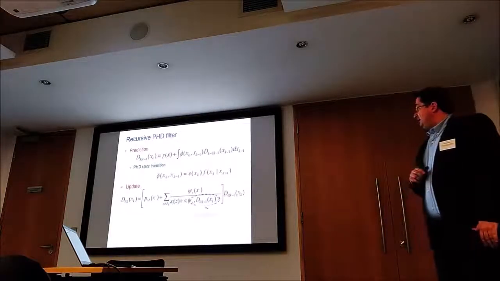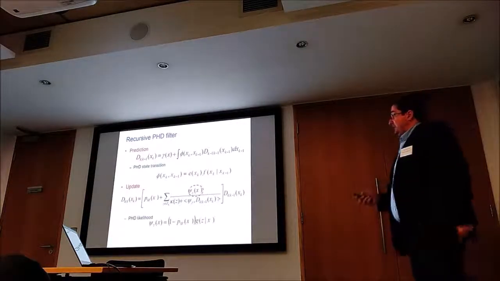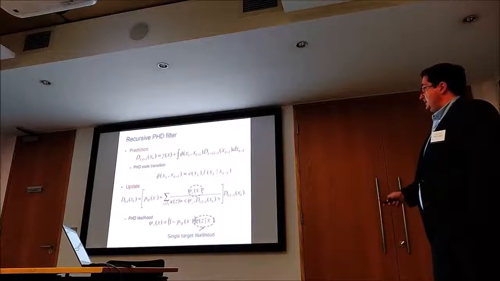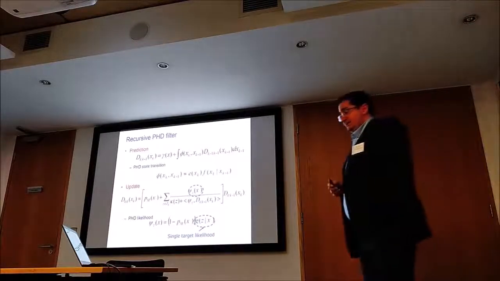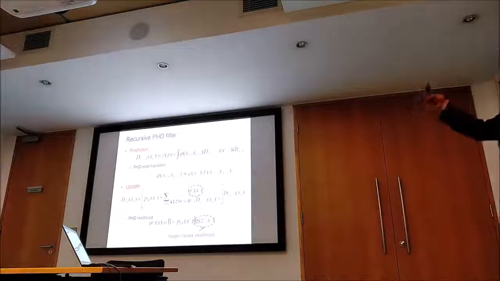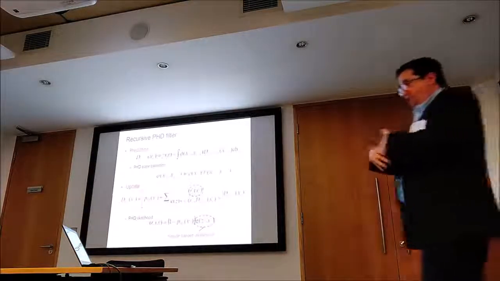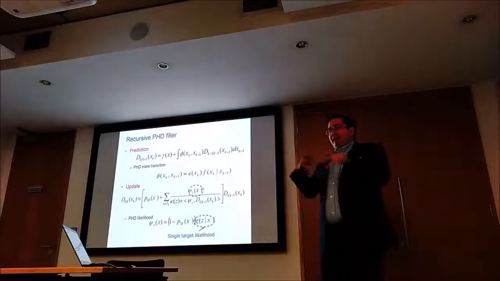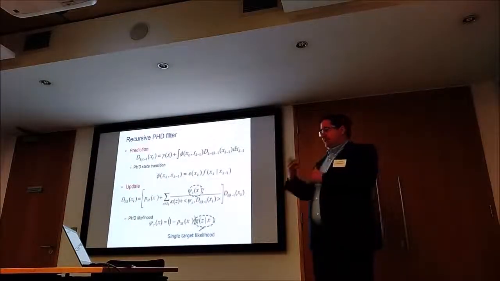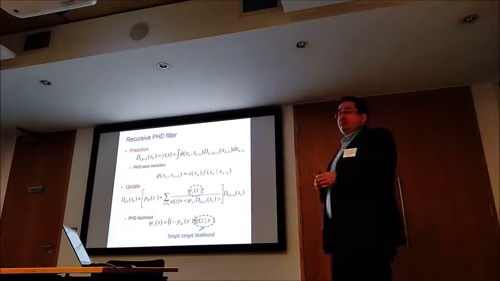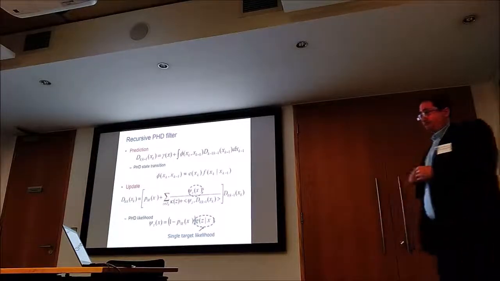And finally, you have the PHD likelihood, which is nothing else than the product between the single target likelihood and the function of the missed detections. So the beauty of this formulation is that you can incorporate all your difficult things of multiple target tracking in a simple and effective formulation, assuming that you know how to define these functions.